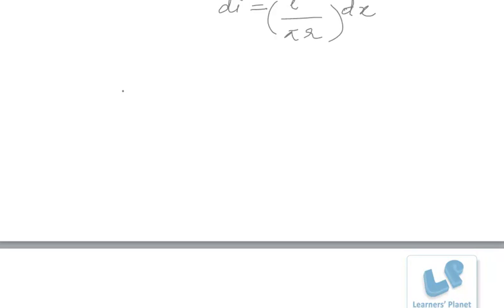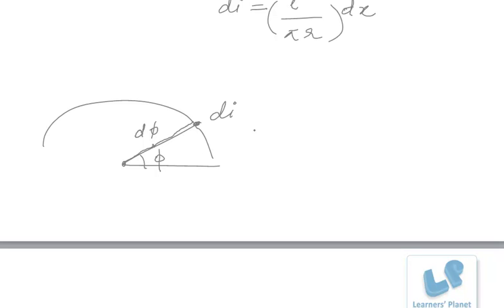Now let us say you have a current element from which di current is flowing out of it, and this element is at an angle phi with the radius, and the angle made by the length of this current element is d phi. This radius is r.